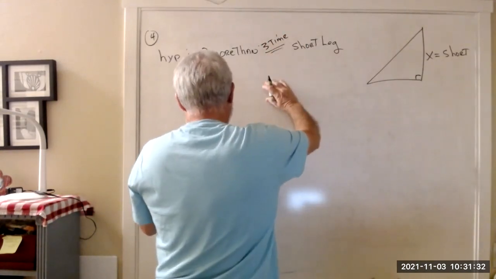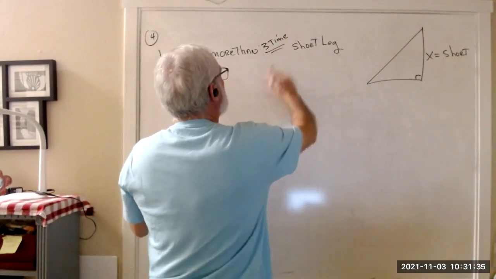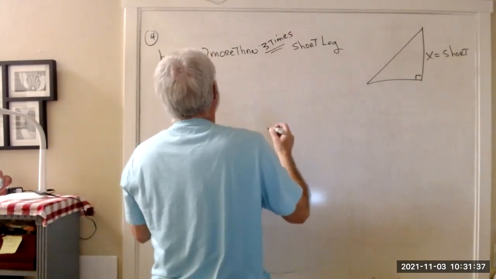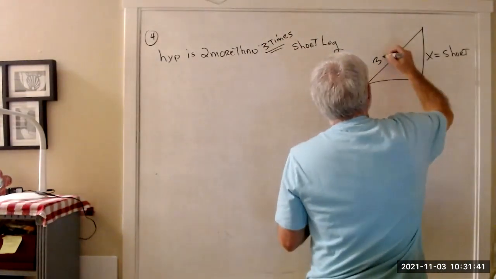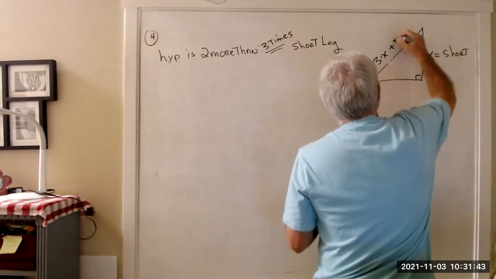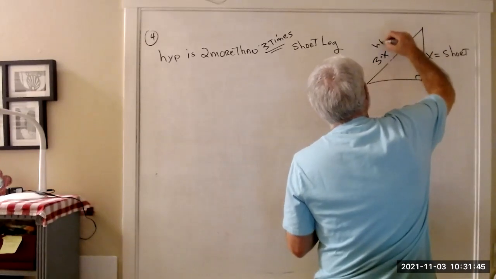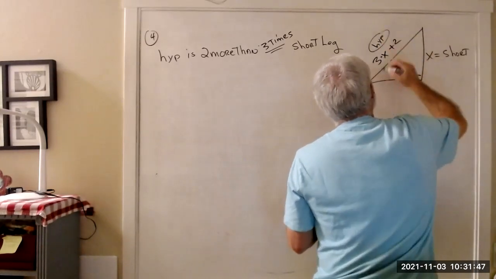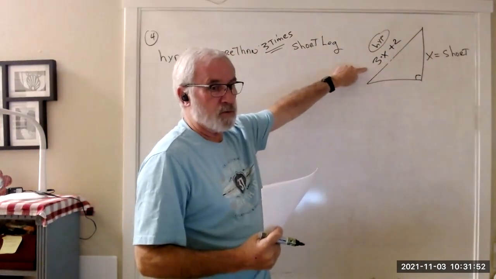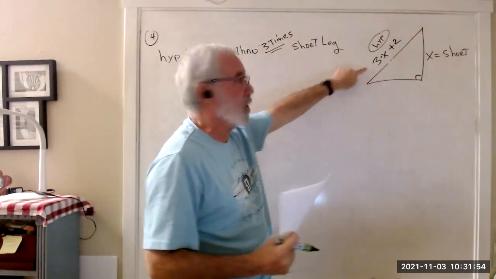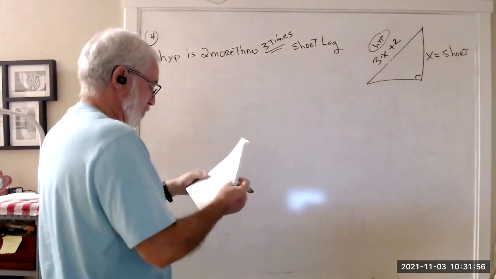Sorry, I didn't look at it correctly. 2 more than 3 times the shortest leg. Okay, so this would be 3 times the shortest leg plus 2. This is the hypotenuse: 3x plus 2. Okay, because of that phrase.